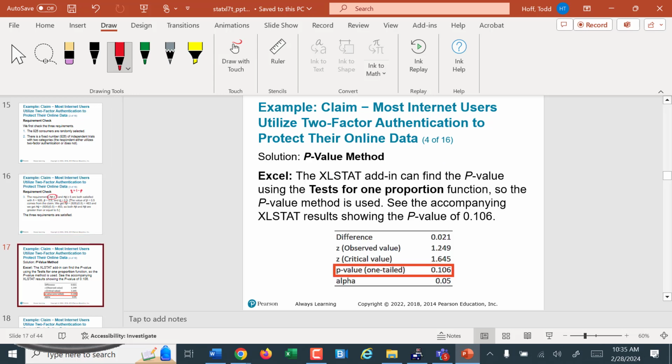So this is an example of output that would be given by XLStat, also pretty close to what is going to be given by StatCrunch. You see here that it gives the p-value. Now, alpha is what's called a critical p-value. If the p-value is less than alpha, we would reject the null hypothesis.